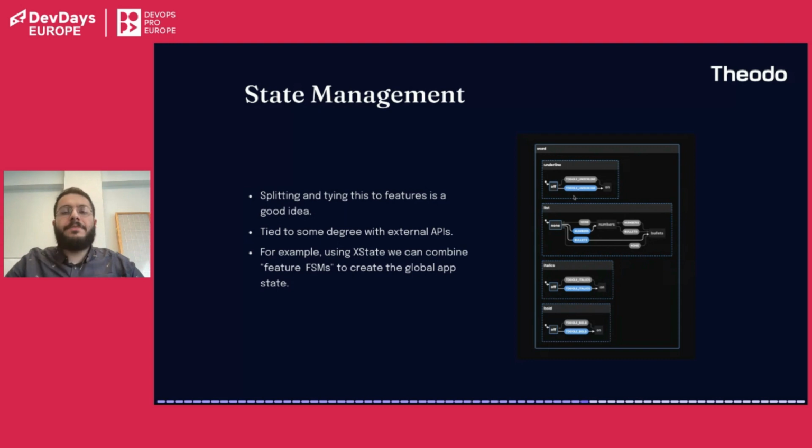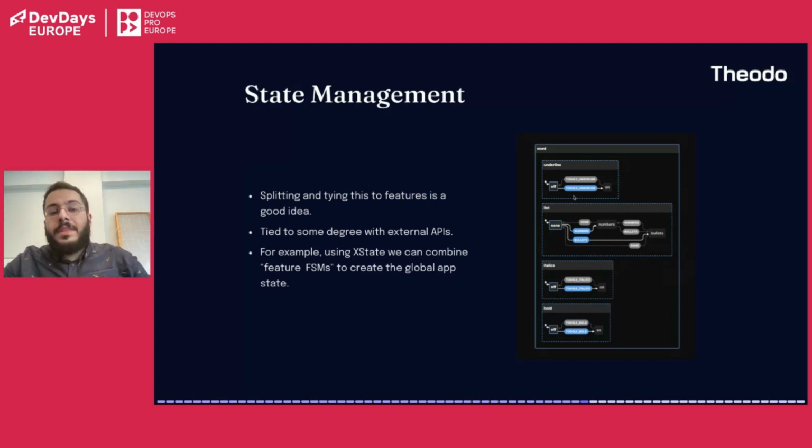But one of the nice things is if you have a global state for your entire application, let's say for the fast food application that we've got, and you can split it up into different sub state management stores, then effectively you have modularized state as well. One of the great libraries that embraces this model is XState. You can combine finite state machines, FSMs, and you can take feature FSMs and build a global finite state machine, which has the entire app's application state.